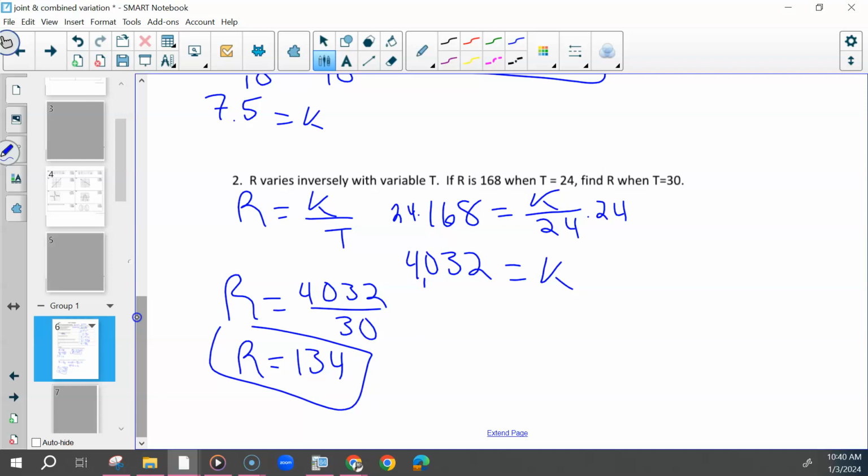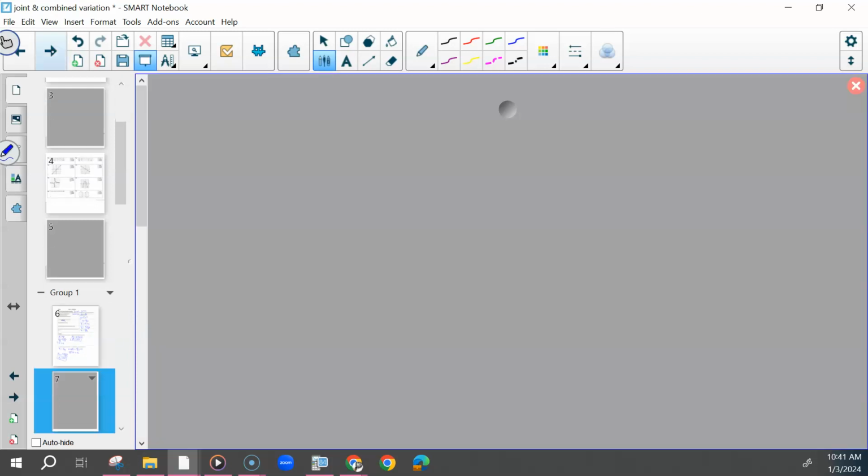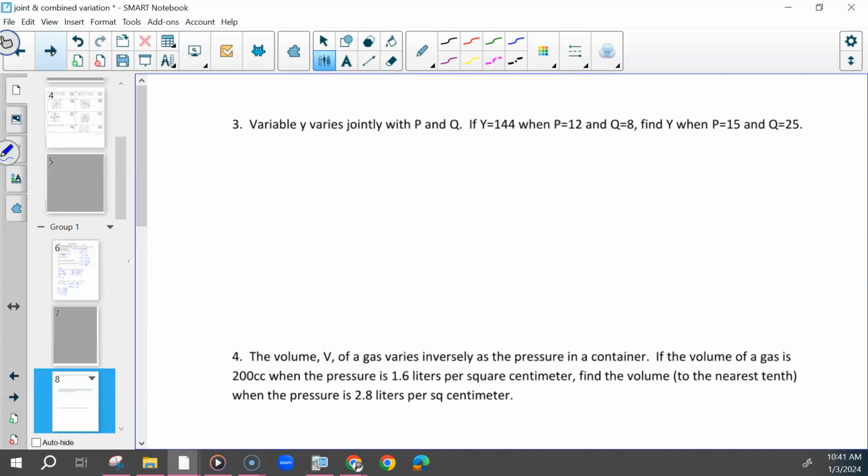Questions on that one? Look on the back of this page. One more and see where we are with them.